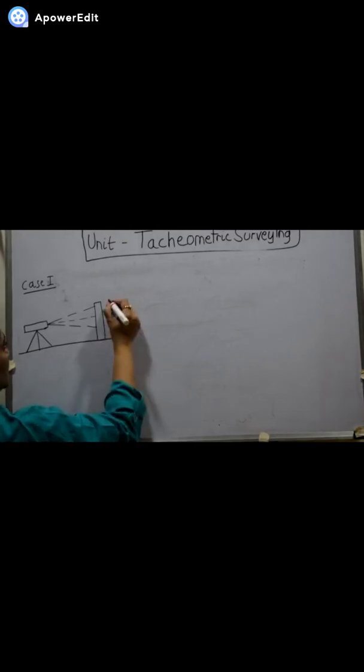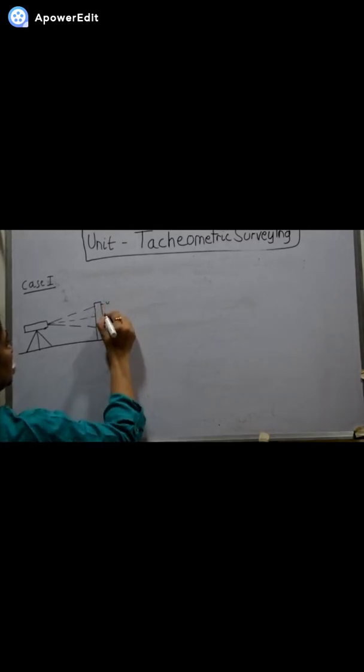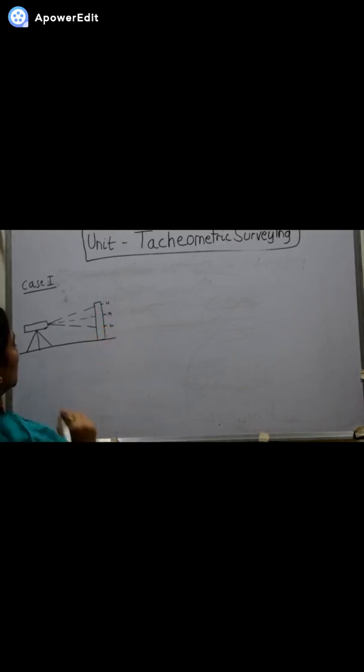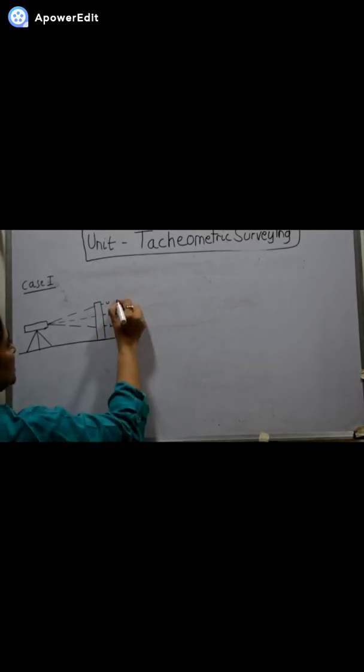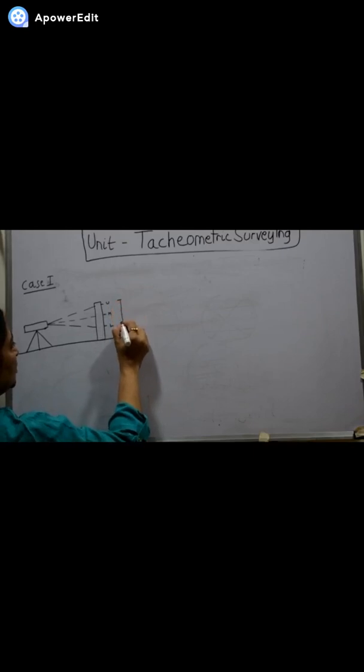This is the upper hair reading, this is the middle hair reading, this is the lower hair reading. The difference between the upper hair and the lower hair reading is S, that is the staff intercept.